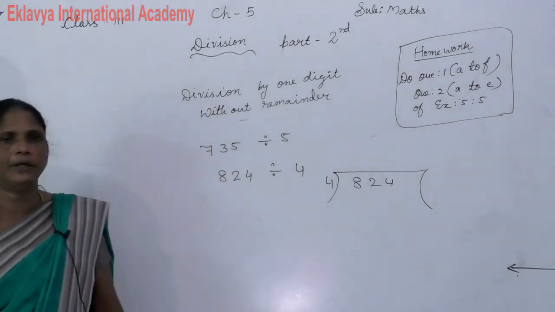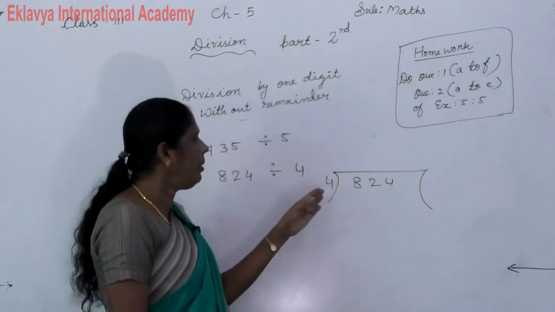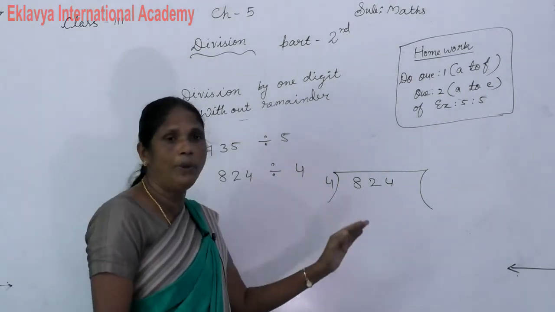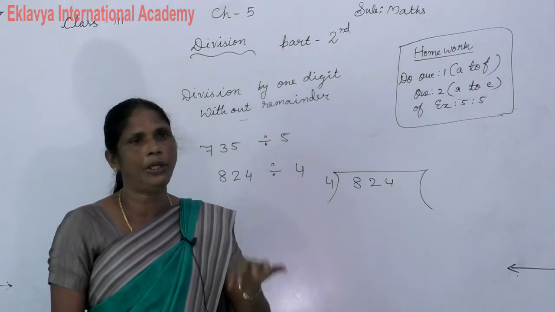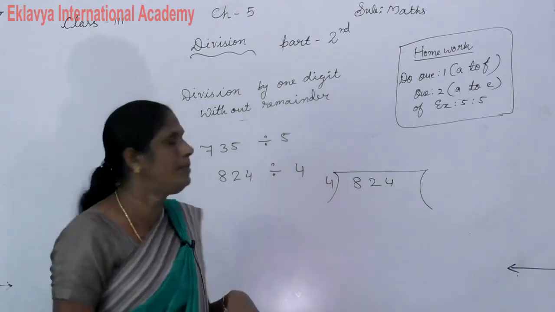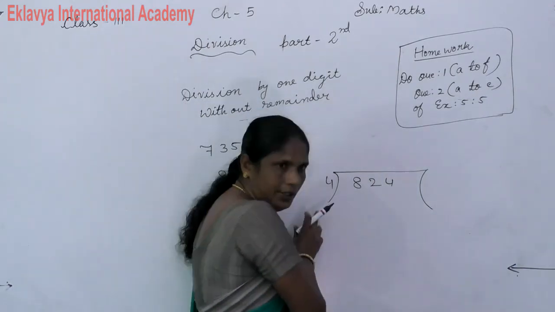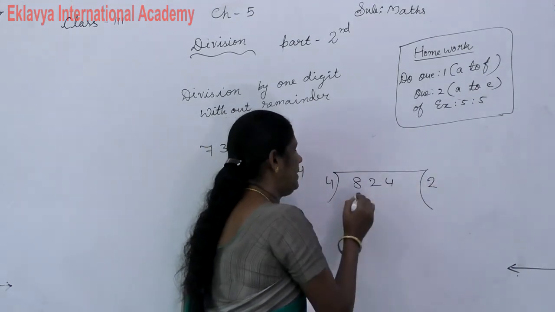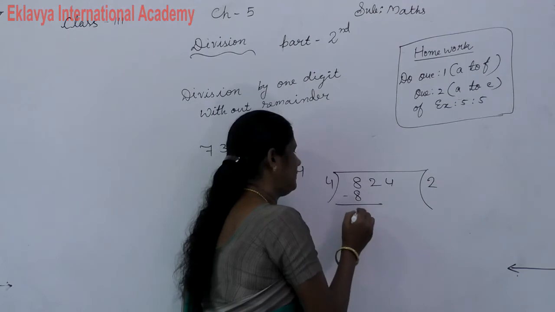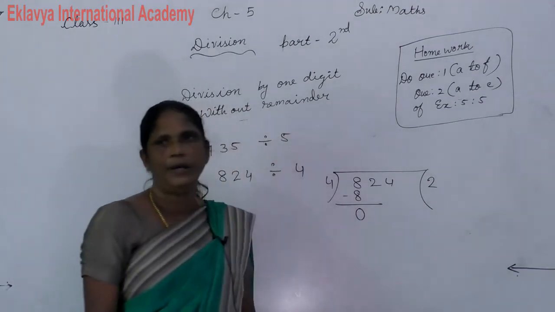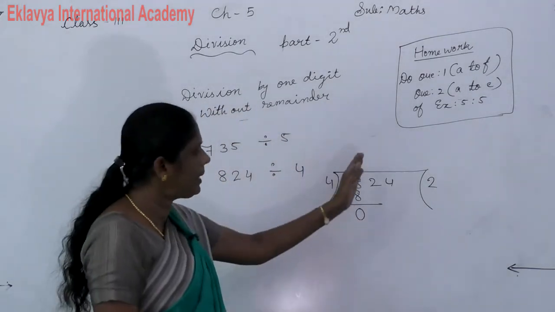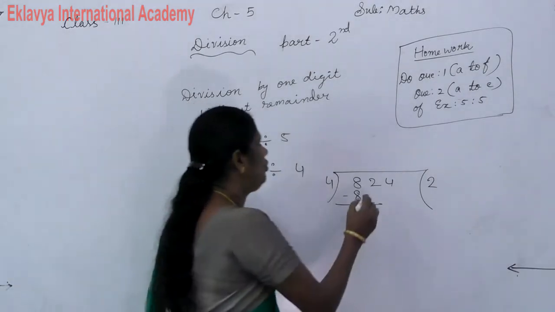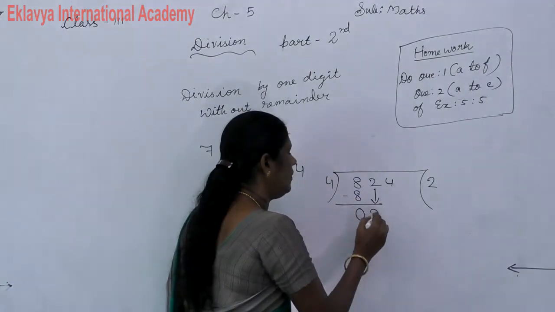First look here. Table of 4, how many times come in 8? Say the table of 4. 4 2 ja 8. 2 times 8, 0. Next, which number comes downside? 2 comes downside.